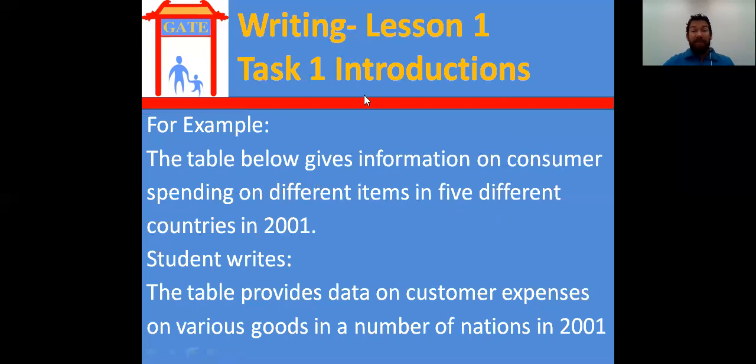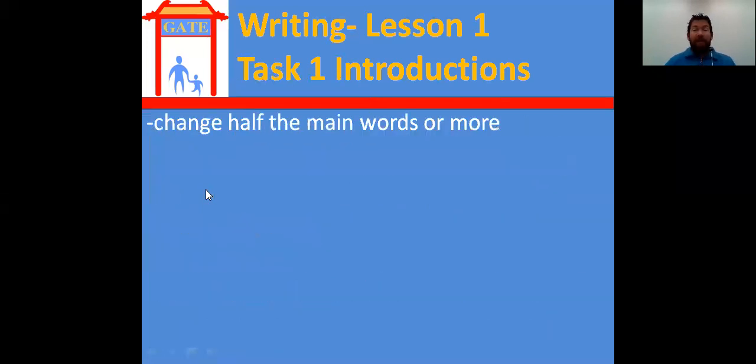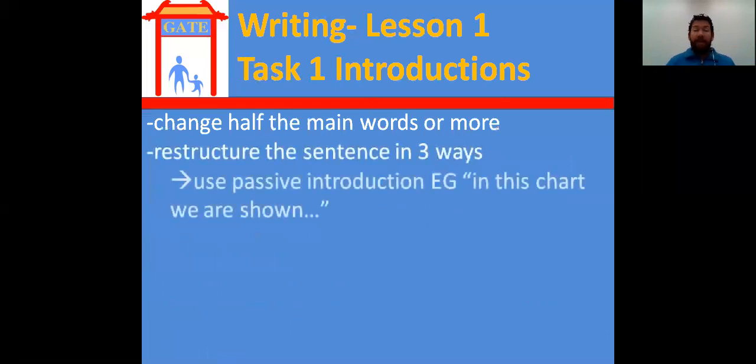Only about 5 or 6 of those words are the words you need to change. You don't need to say the table. You don't need to give a different word for table there. So restructure the sentence. We restructure the sentence in 3 main ways. The first way is really easy, but it shows that you know some different grammar. So I say use a passive introduction.